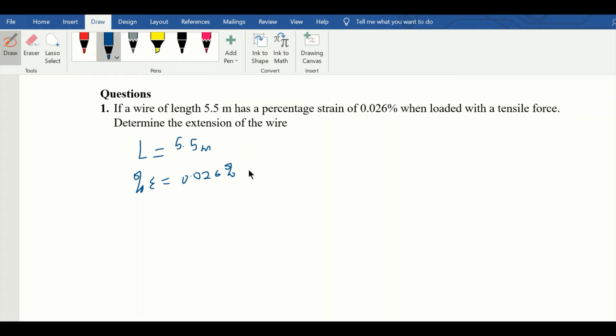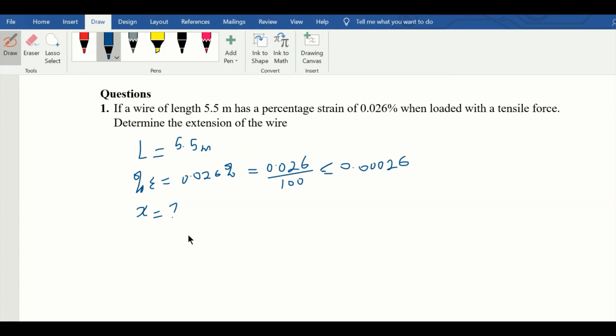Now remember, I have to convert this to a decimal fraction. So I have 0.026 over 100. That will give us 0.00026. That is my strain. As you know, it has no units. We are asked to find the extension, which is x.